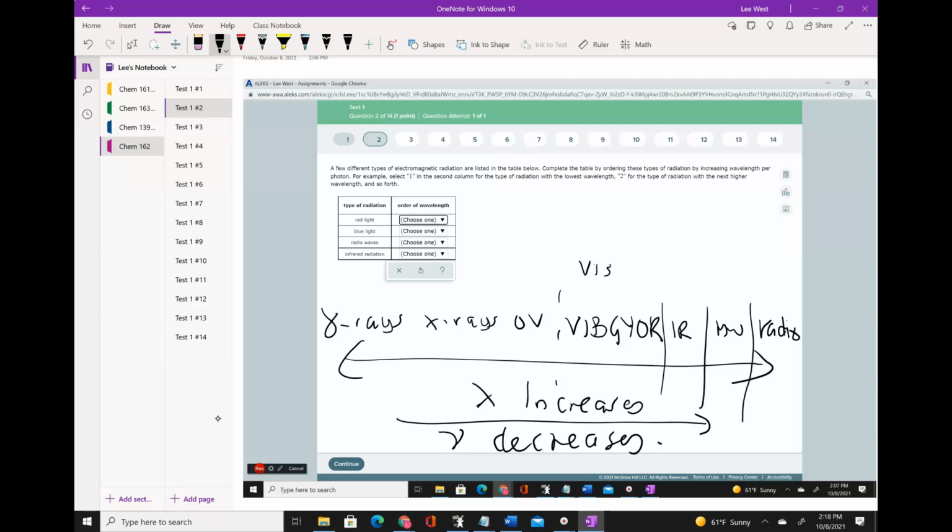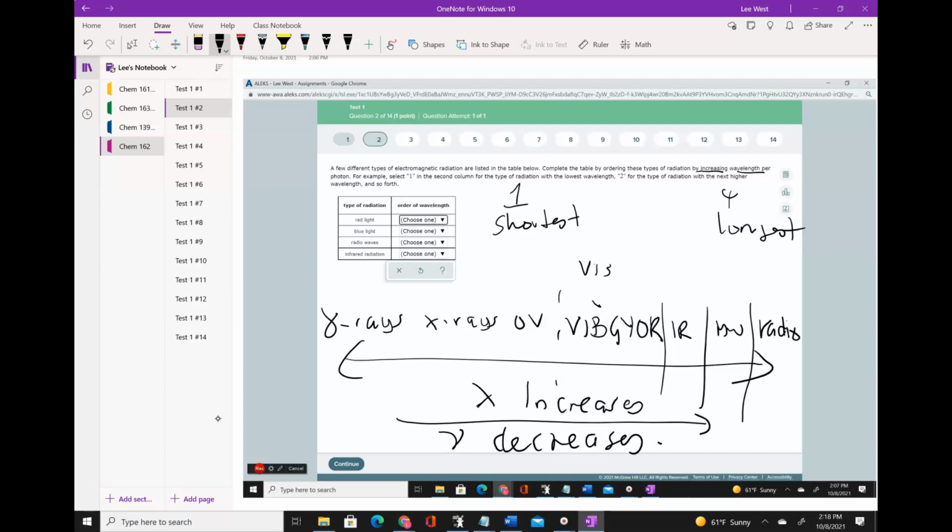So you just got to take your time, and in this case we're going to order them by increasing wavelength. So number 1 is going to be the shortest wavelength, and then we've got 1, 2, 3, 4. Number 4 will be the longest wavelength. The shortest wavelengths are going to be down this end. So as we go through here, what one's going to have the shortest? We've got red light, blue light, radio waves, infrared.